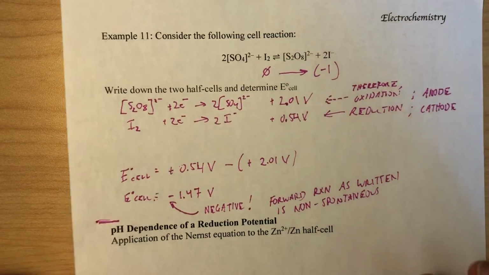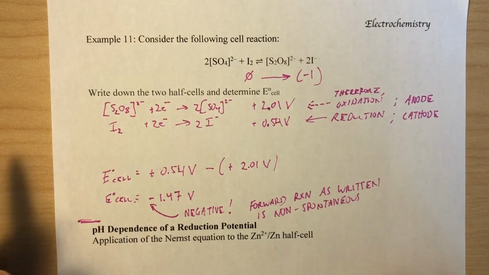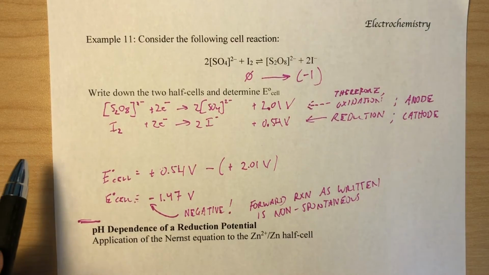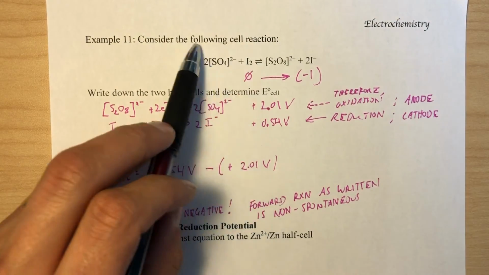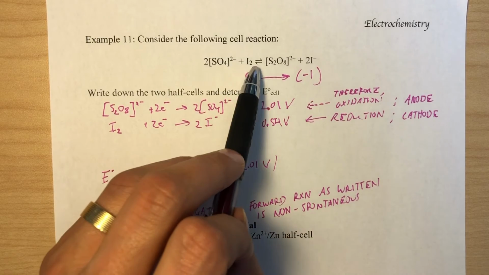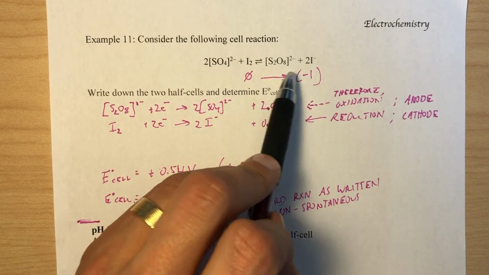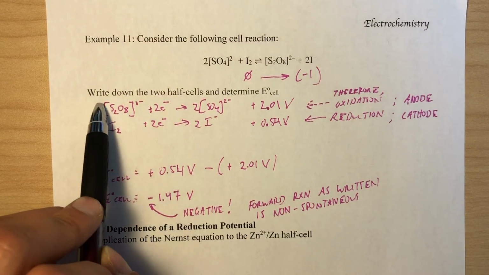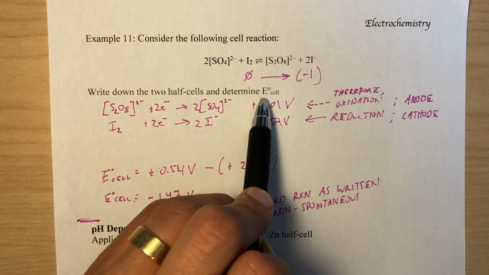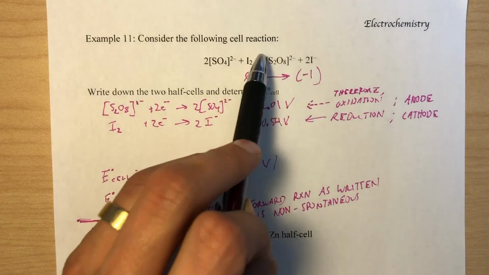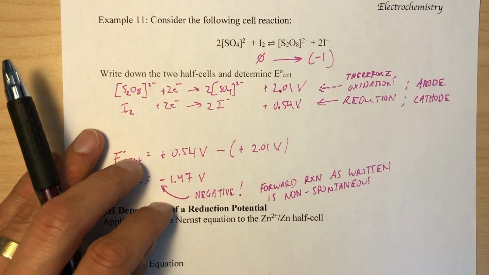Finally, we're going to take a look at a more challenging example to show how much information is actually necessary to solve one of these problems. So first, we're going to look at a cell that's 2 equivalents of sulfate react with iodide to form sulfurous oxide and 2 equivalents of iodine. And we're going to write down the 2 half cells to determine the overall E cell. And we don't know which one of these is the oxidation, which was the reduction.